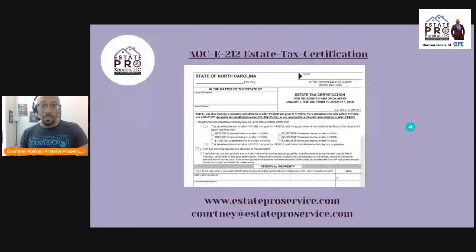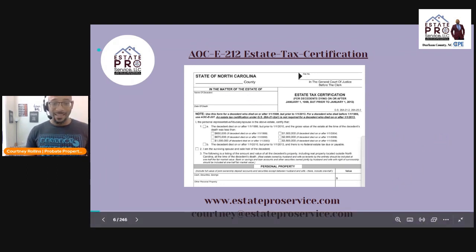And there's also the collection and disbursement and distribution form. So you want to make sure that along with the 203B you have 204 as well, because this will show that it's closed out, and that's the final accounting for small estates, and you would be free from your duties or obligations.